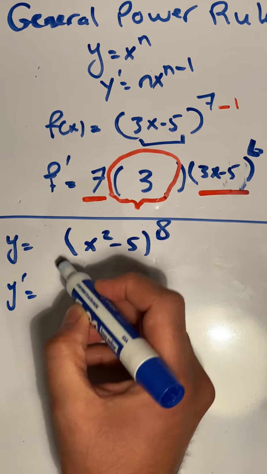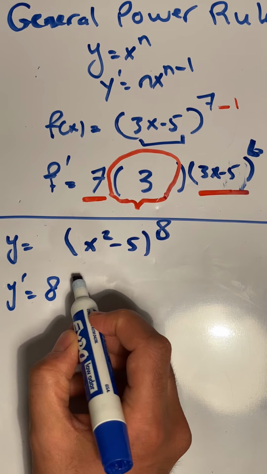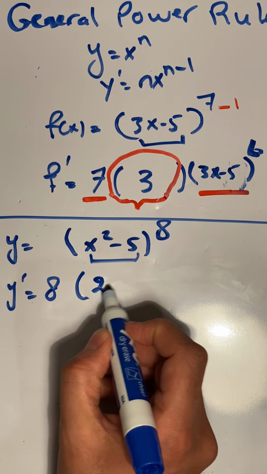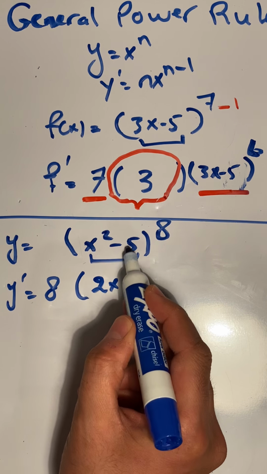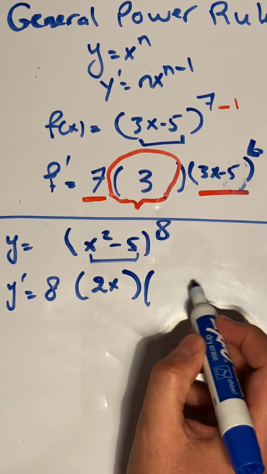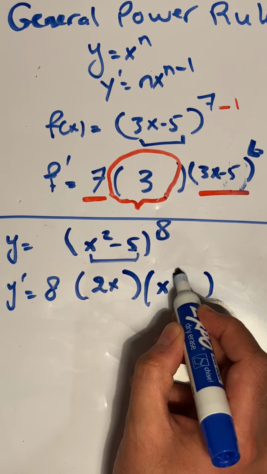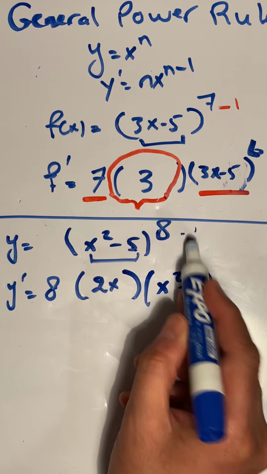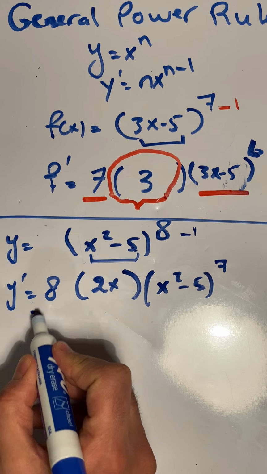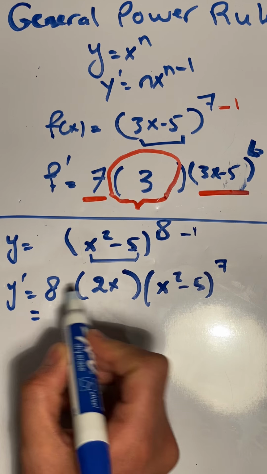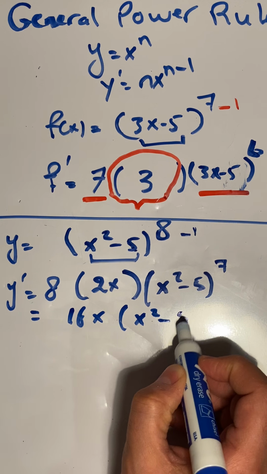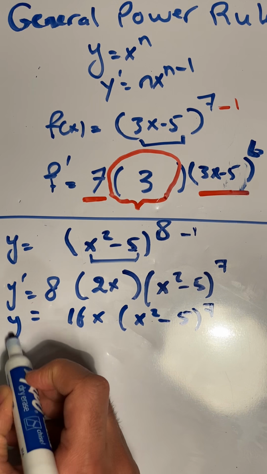Just apply the power rule, drop 8, then the derivative of whatever is inside, so it is 2x, because the derivative of x squared minus 5 is 2x, the derivative of 5 is 0. Then we write the same function, x squared minus 5, to the power, now we subtract 1, so to the power 7. Finally, we simplify, so 8 times 2 is 16x times (x squared minus 5) to the power of 7. This is y prime.